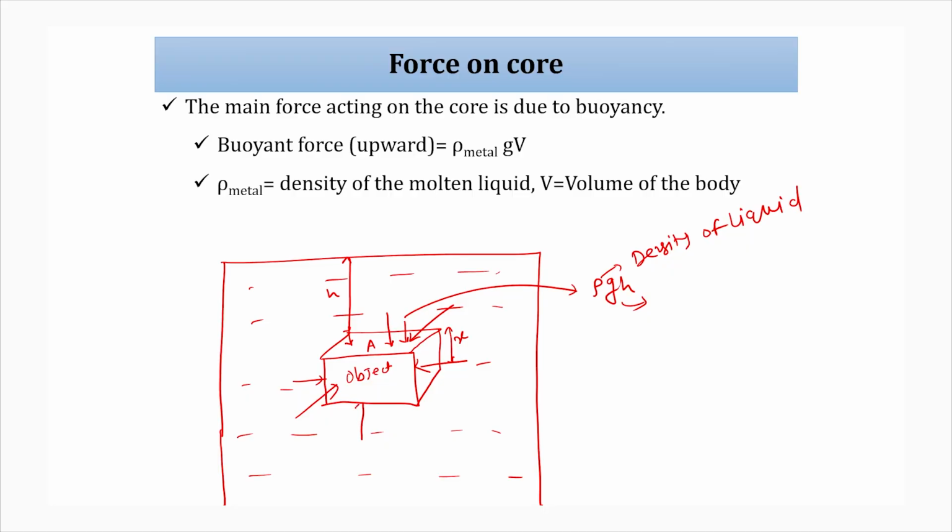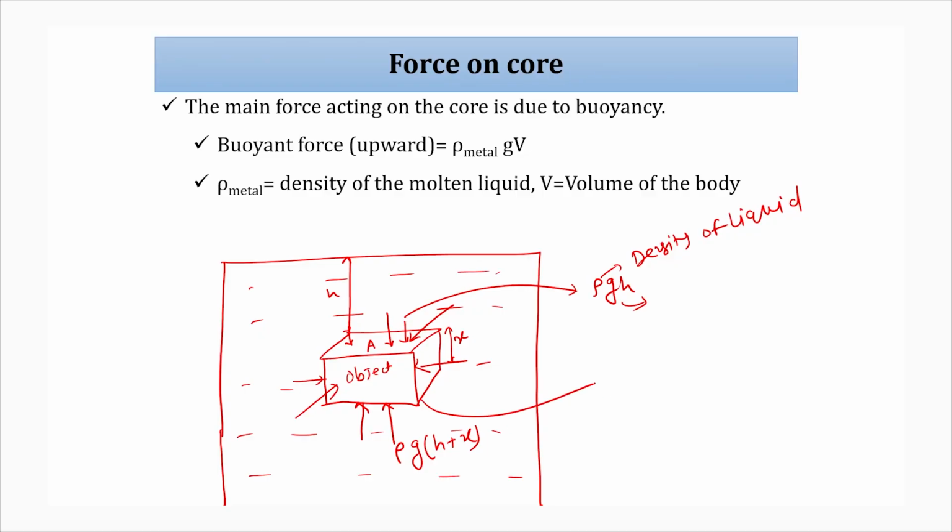We will not discuss too much on that, but what will happen at the bottom? Again, hydrostatic pressure will work, and the value is rho g (h plus x), because the depth is h plus x, the object depth. Again, rho is the density of the liquid.